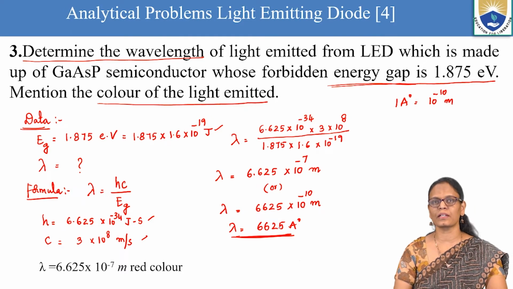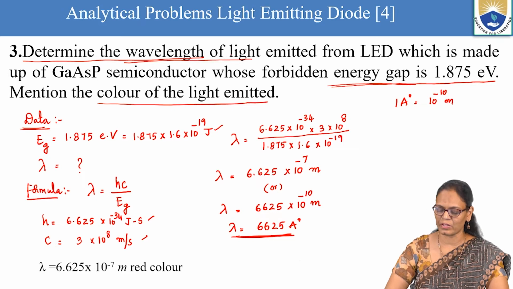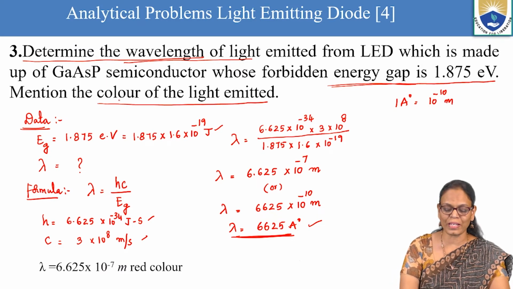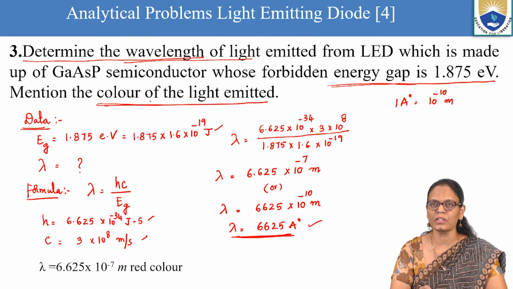So the first part in the problem is to calculate the wavelength of light. We have calculated the wavelength is 6625 angstrom. Now the next step is to mention the color of the light. So how do we mention the color of the light?